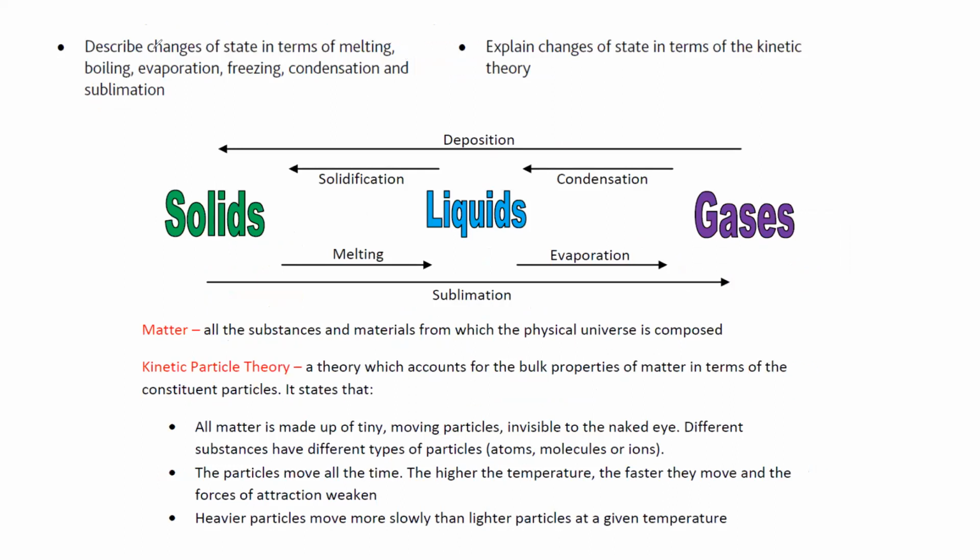So whenever you have matter, it may have atoms, molecules, or ions. If it has an equal number of protons and electrons, we say it has atoms. If it has a group of atoms joined together, we say this matter is made up of molecules.